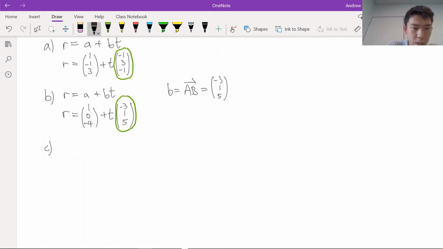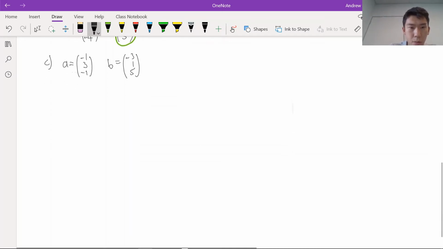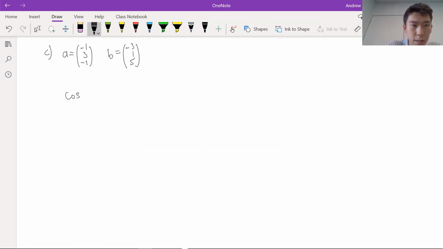So let's redefine some vectors. I'm going to let the direction vector in part A be my vector a here, and the direction vector from part B be my vector b here. And then we're going to use the dot product. So cos θ = a·b divided by the magnitude of a times the magnitude of b, which gives us, so a·b, remember, multiply the i components, j components, k components, add them up.